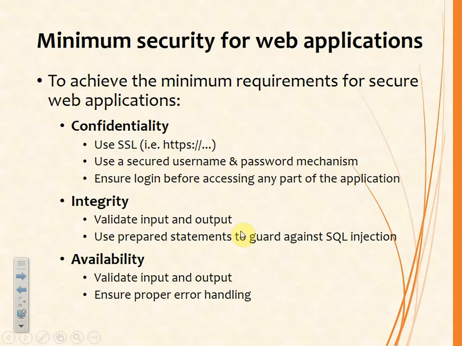Make sure you're validating properly on both input and output, and use prepared statements to guard against SQL injection. That way, you've got a fairly good level of confidence that you have protected the integrity of your data. And again, by using good validation and proper error handling, you should be able to ensure the availability of your data so that it is not only timely, but also reliable.